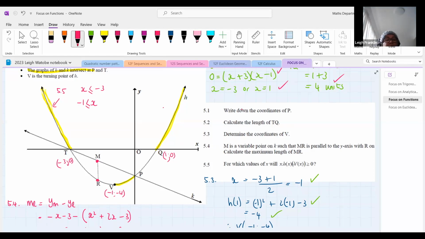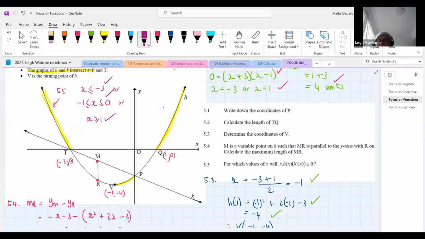So between -1 and at P, x was equal to 0. Or from Q onwards, or where x is greater than or equal to 1. Okay, so there you go. Those would be your 3 marks in this case. 1, 2, 3.